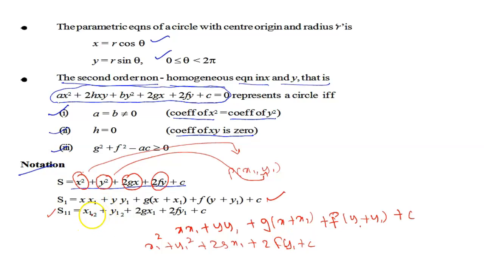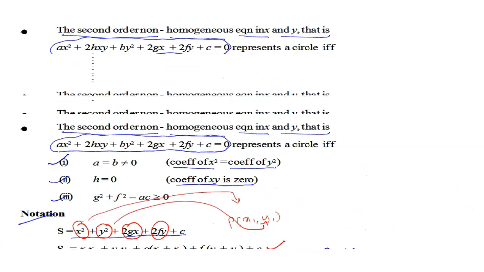So the formula is x1 square plus y1 square plus 2gx1 plus 2fy1 plus c. This is the formula notation for S11. Okay, right.